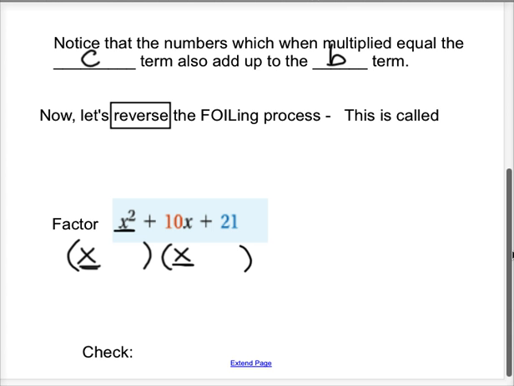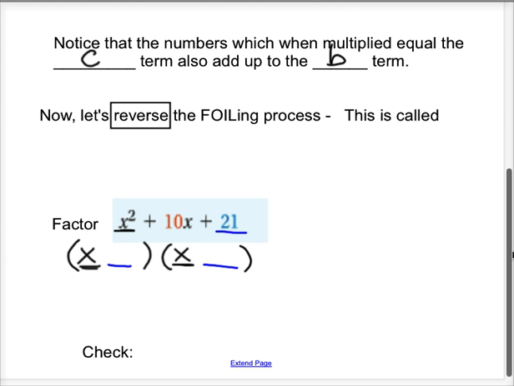So that's why this is a very nice case. When all you have is x squared, you know the only way that's happening is x times x. And that 21 is coming from those two numbers of the foiling process. All right, and specifically that last number is created by multiplying that.